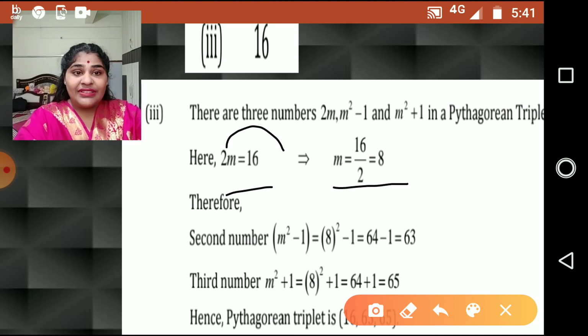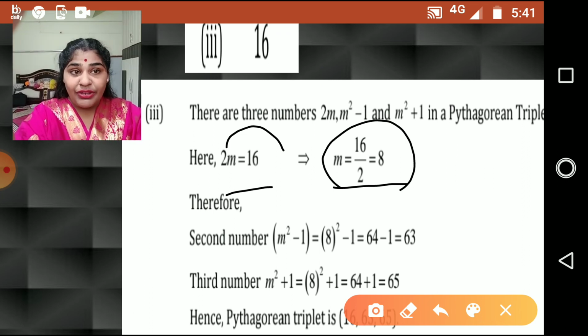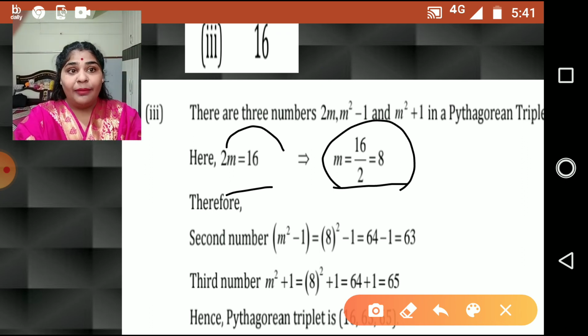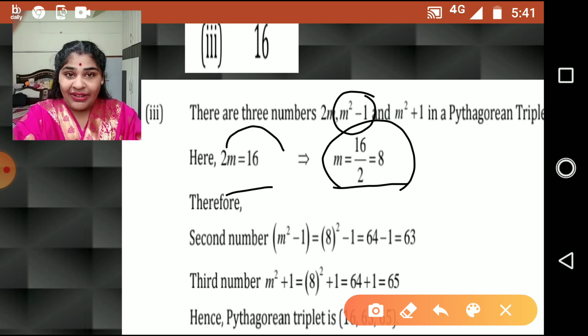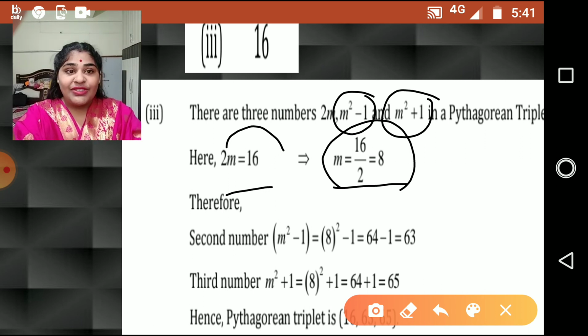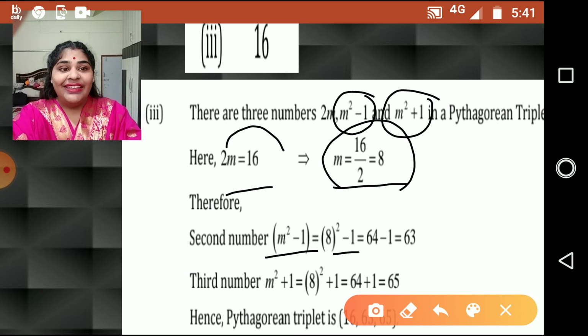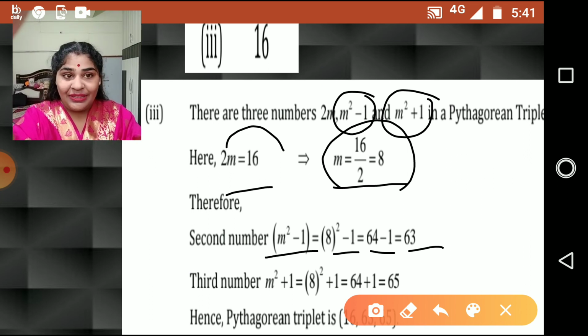Once you get the value of m, you are just going to substitute that value of m in m square minus 1 and m square plus 1 and get the second number and the third number. So the second number here will be m square minus 1, which is equal to 8 square minus 1 is equal to 64 minus 1 is equal to 63.